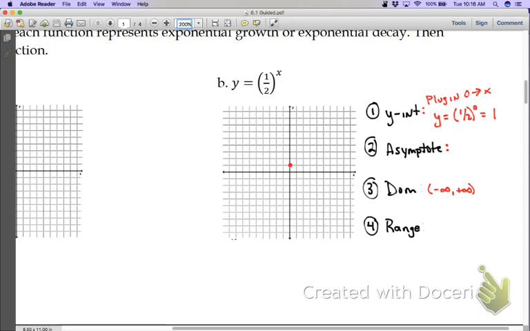What's my K value? Do I have anything that I'm adding back on the back end? Nope. So it's just going to be y equal to 0. So just like I did before, I'm going to have an asymptote here.